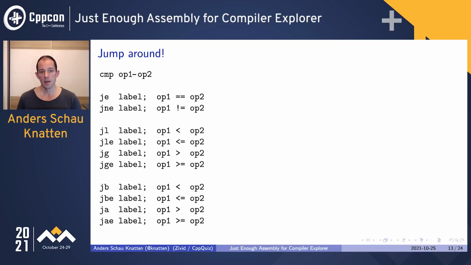If operand 2 was larger than operand 1, that's going to be a negative number, and then the sign bit gets set. So when I want to implement these instructions down here, jump equal, then I can just see, is the zero bit set? If I want to implement jump greater, I can just see, is the sign bit set? Because the subtraction ended up with a negative value. So that's how that works.